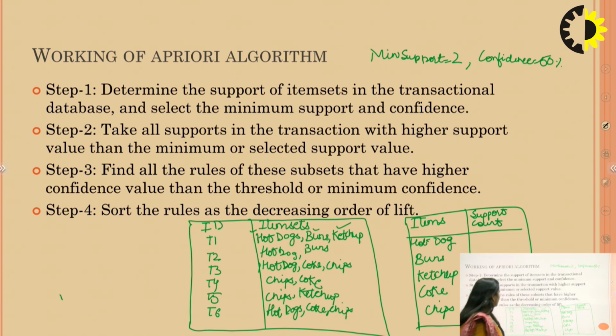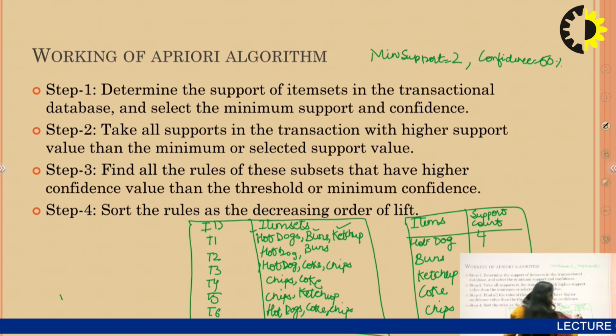Here the hot dog exists 4 times: 1, 2, 3, 4. So I'll write here 4. In the same way, I will count for buns: 1, 2. So it exists 2 times. Then in the same way, ketchup exists 2 times. Coke exists 3 times. And chips exist 4 times.